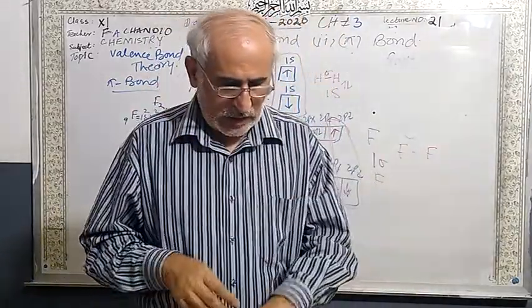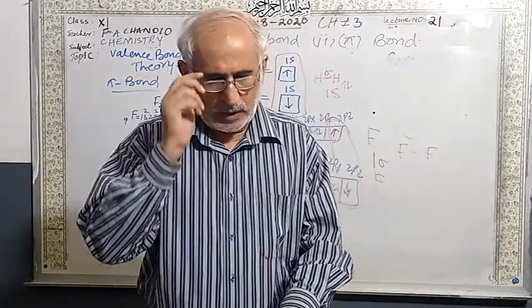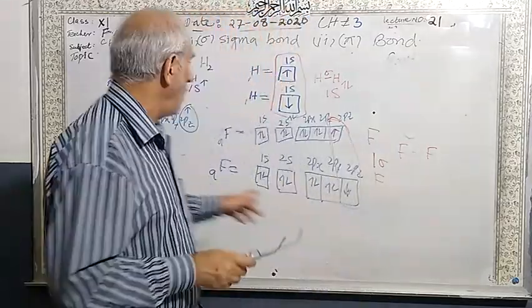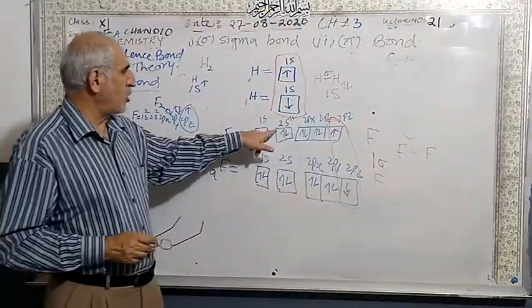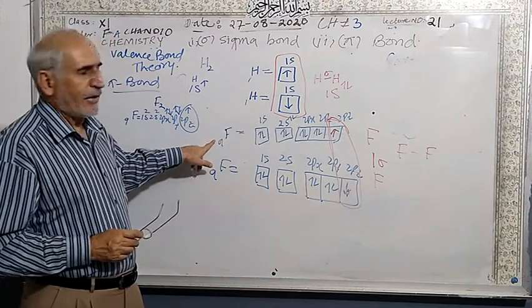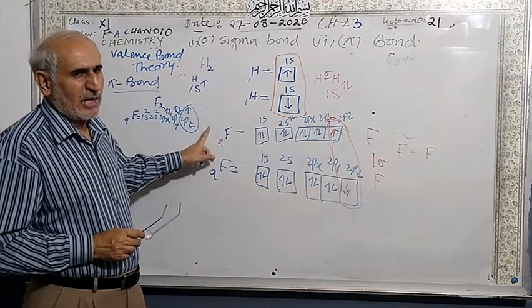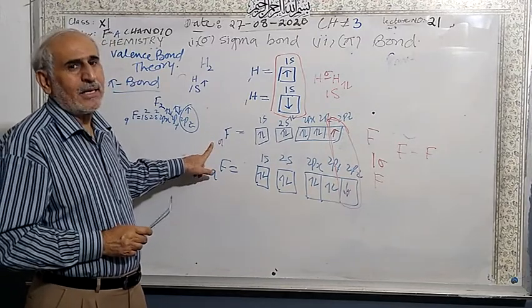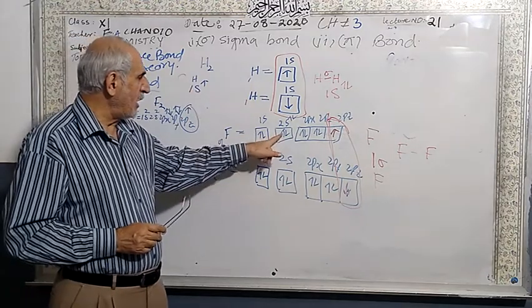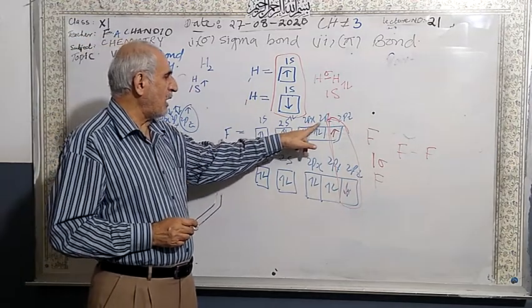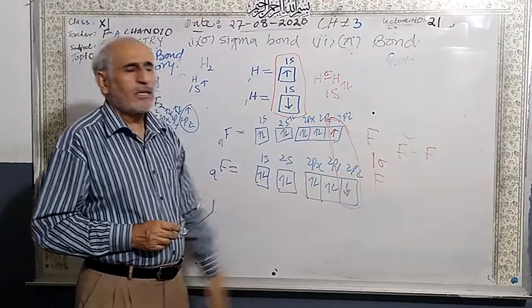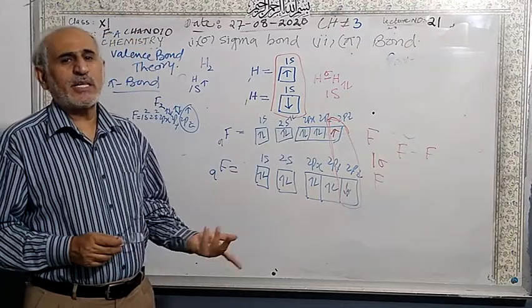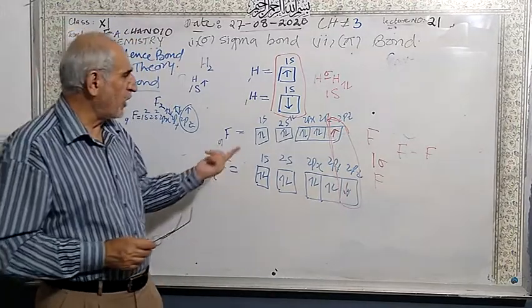If you see chlorine and chlorine, it is the same, only the orbitals increase because the atomic number of chlorine is 17. So when I write 17, there will be 2p6, then 3s and 3p. 3p is involved, no difference.